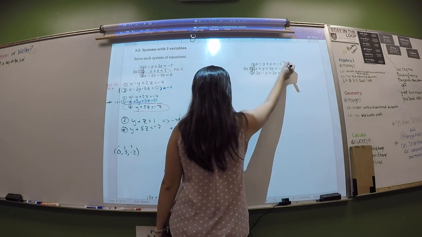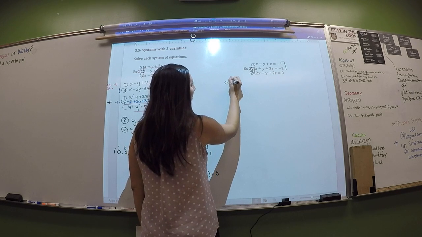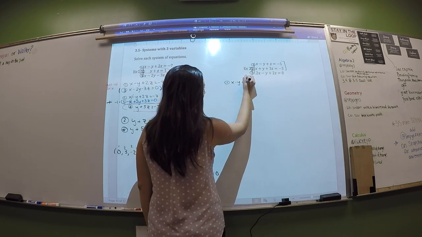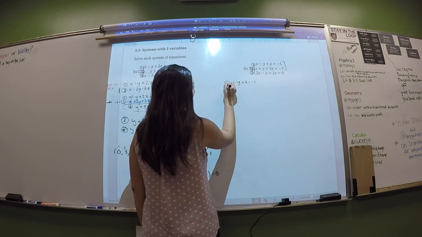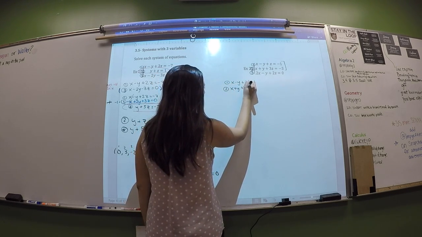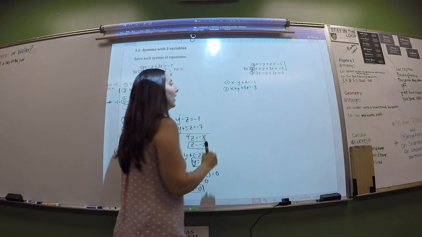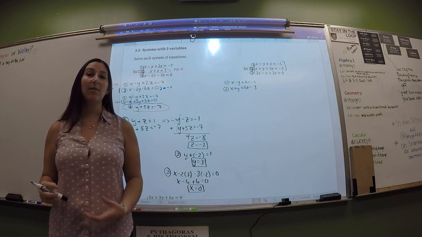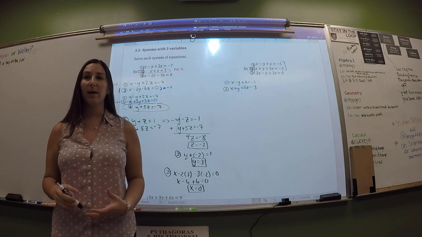We'll take these 2 first. All I'm doing is rewriting these. So I have equation number 1 and equation number 2. I'm going to eliminate Y. I don't have to do anything to eliminate Y. Do I have to multiply?